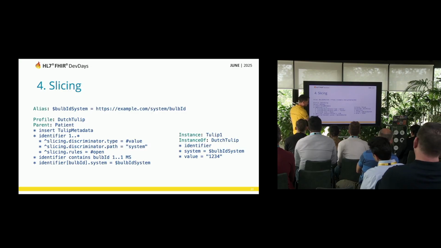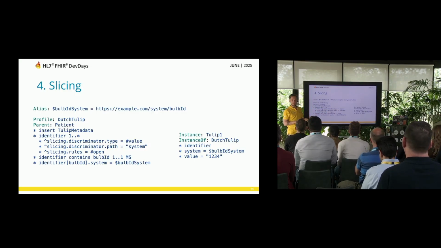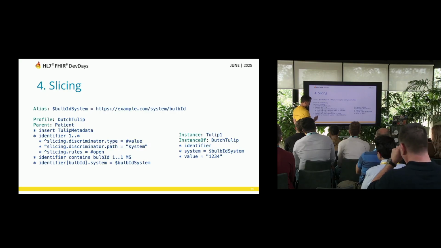If you tell the validator to tell them apart by system, then you need to fix the system in some way, because otherwise how is it going to know that it needs to throw it in this bucket? It can never use it. So this bucket has the system set to my bulb identifier.